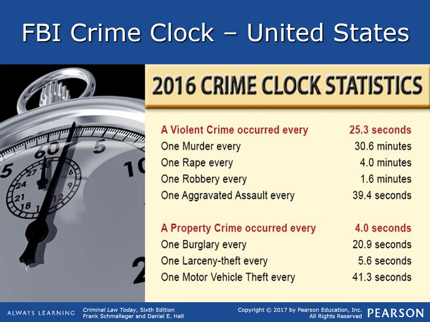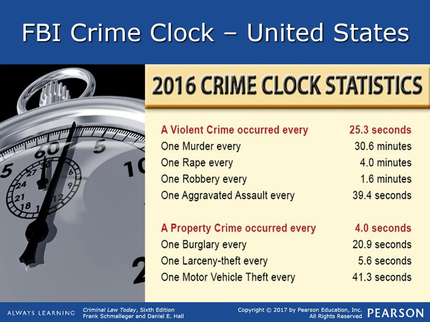It's called the UCR, and annually the FBI will publish crime statistics and crime trends. So if you're interested in statistics in your particular city, you could look on the FBI's website and it will break all those Part 1 crimes down by city as well.